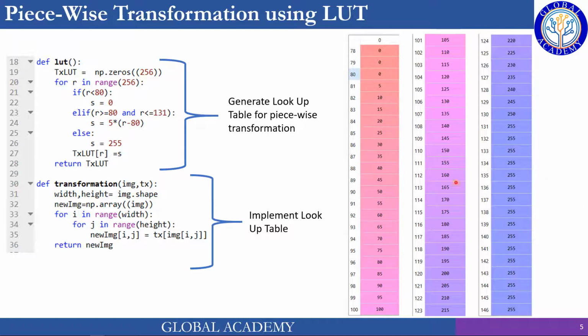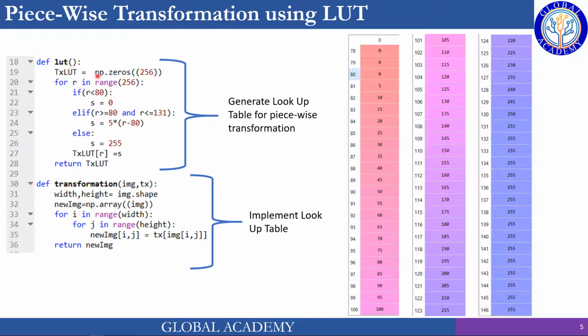Here's the Python code to calculate the piecewise function we derived for our problem earlier. The important parts are these two functions. So we have defined a LUT, a lookup table function, to calculate the lookup table.